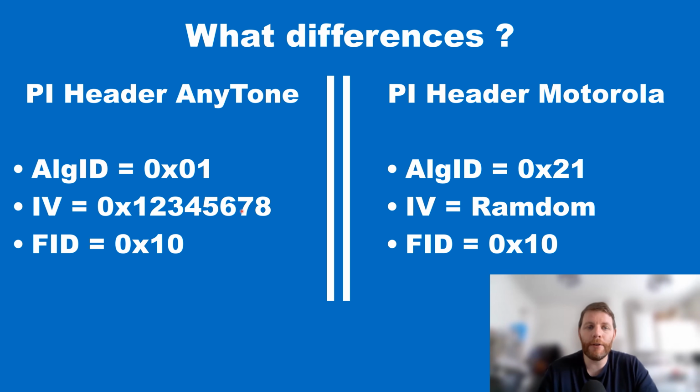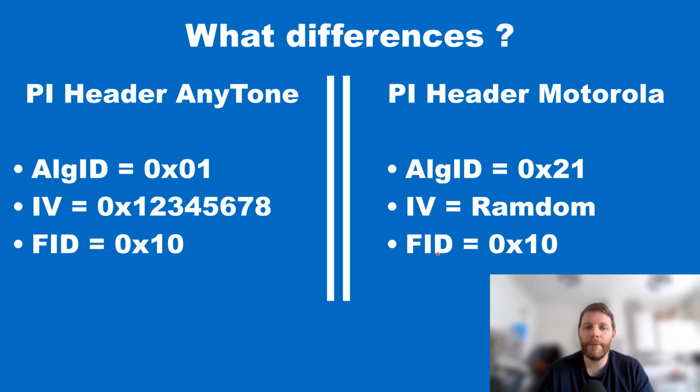Second difference, the IV. In the PI header of AnyTone, if you use RC4 or AES 256, this is always the same, 0x12345678. And when you use Motorola, Itera, or any DMR compatible terminal, the IV is a random value.